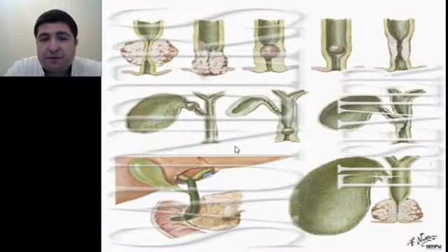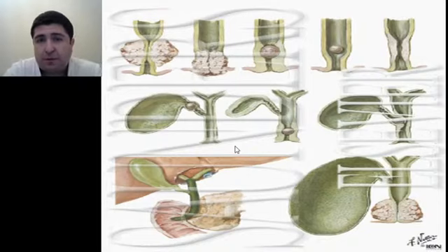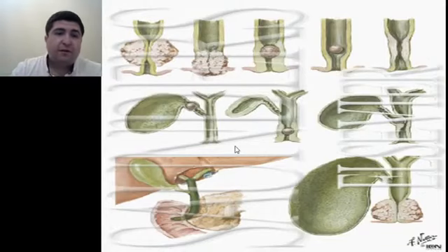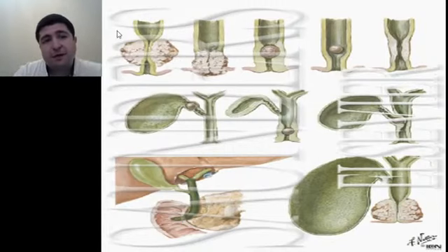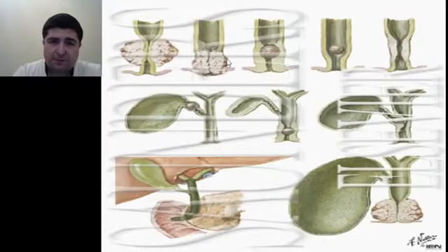Here you can see different types of blockade of the common bile duct. This one is obstruction from outside by a tumor process. You can see how it looks: the common bile duct compressed from outside by a tumor process. This type is when a cancer process is localized inside of the common bile duct.